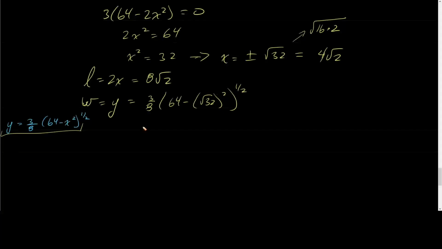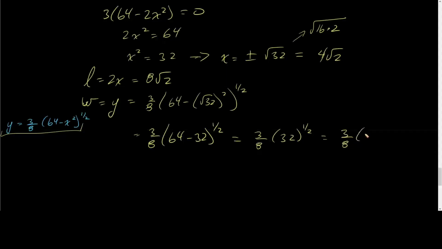Radical 32 squared, that's just 32. So I have 3/8 times 64 minus 32 to the 1/2. 64 minus 32 is 32. So 3/8 times 32 to the 1/2. 32 to the 1/2, we already know it's 4 radical 2. So I have 3/8 times 4 radical 2, which reduces to, well, the 4 and the 8 reduce. So I have 3/2 radical 2.